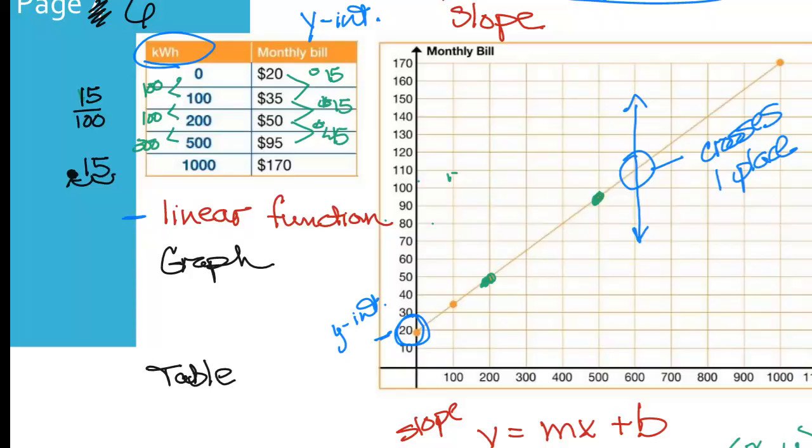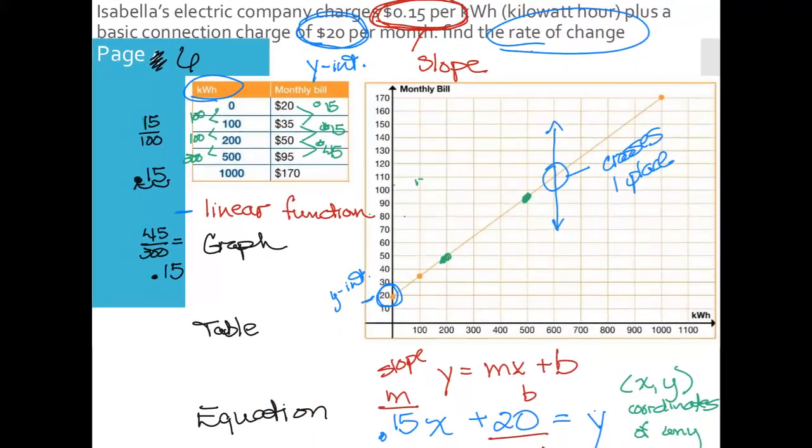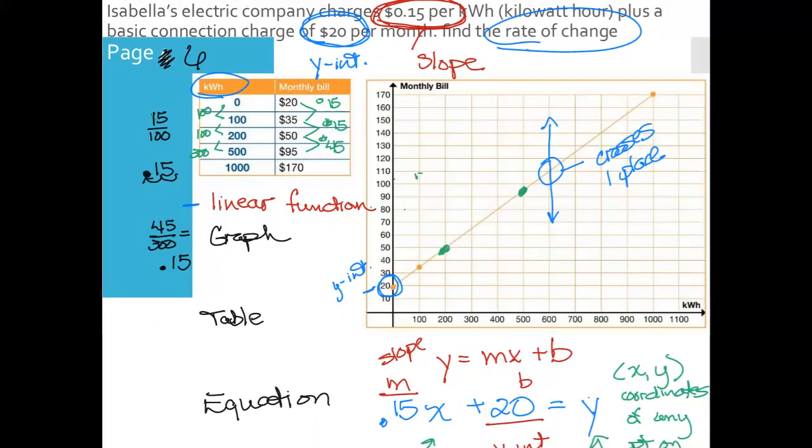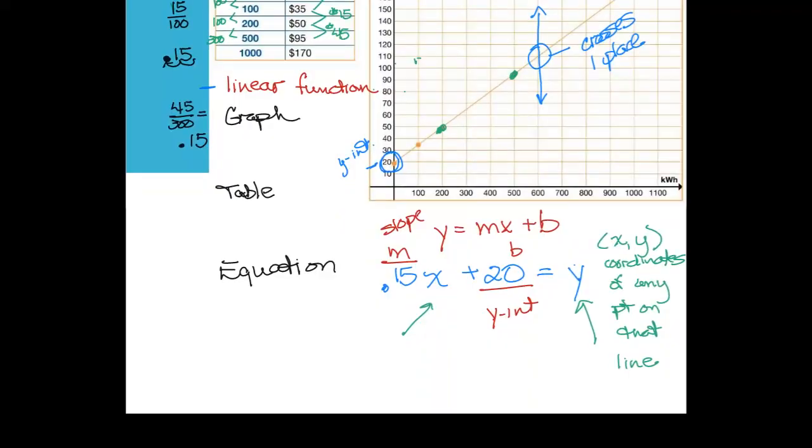Well, if on your calculator you take 45 over 300 as a decimal, that again is going to simplify to 0.15. So one way to find the rate of change is to put it in equation form. So that's the first way. Find your slope in equation form.